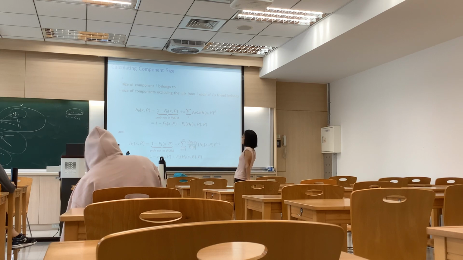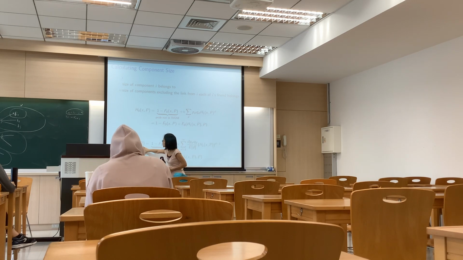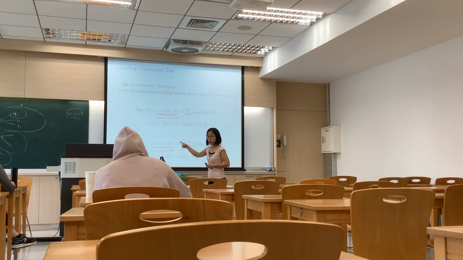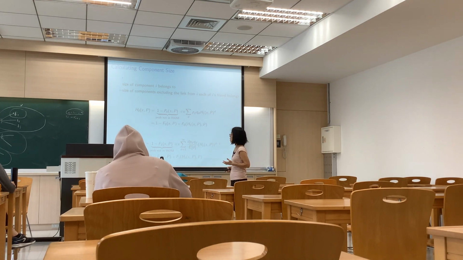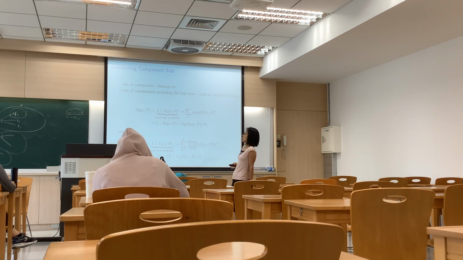Now we're going to calculate h1. This probability generating function plays a similar role to phi. Phi was the average remaining component size that a consumer belongs to.